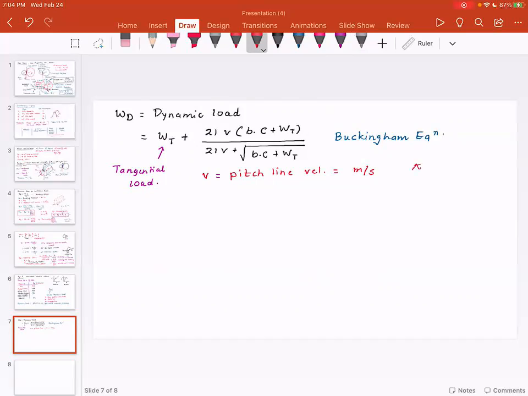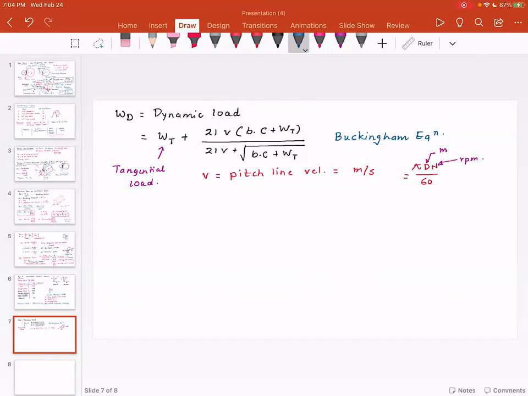So if you have pi d n by 60, you have to make sure that this d, the diameter, is in meters, and this n is in RPM. So V is the pitch line velocity in meters per second.